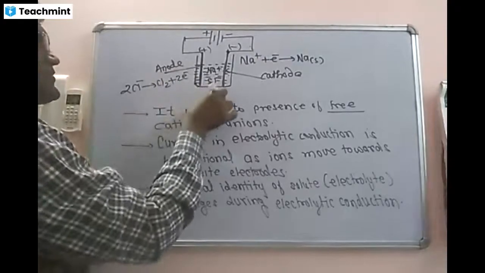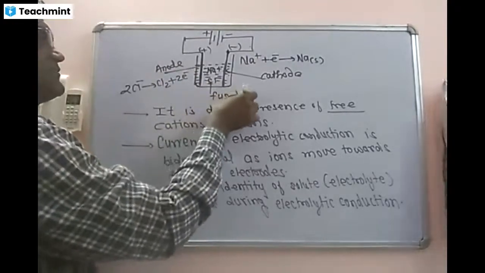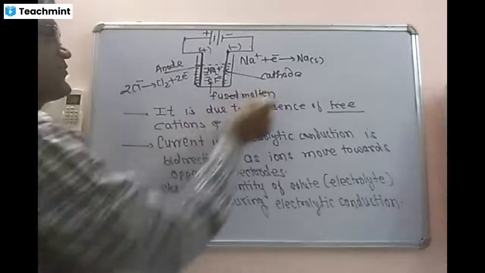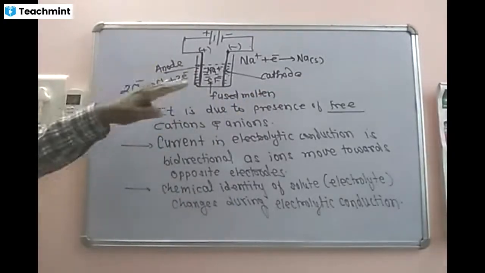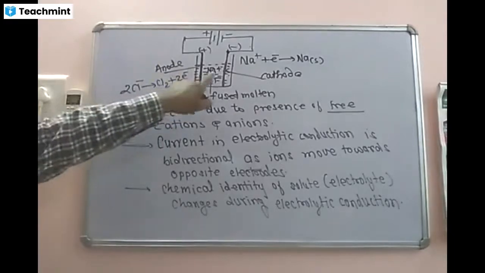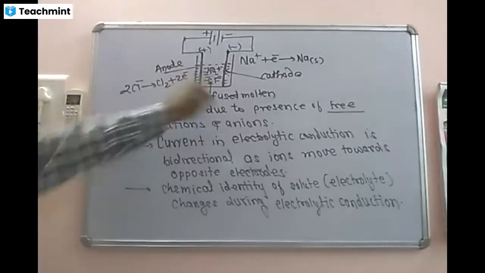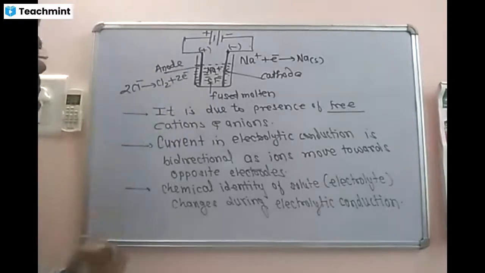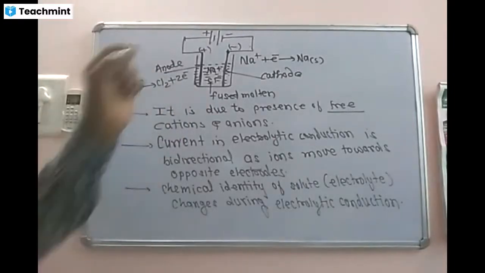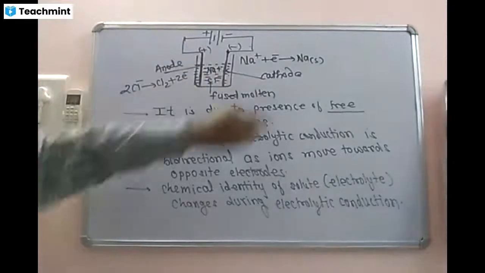So suppose this is a fused or molten NaCl, then it contains Na positive and Cl negative ions. These ions move towards opposite electrode, and due to migration of these ions towards opposite electrode, you will get conduction of electricity through that. So at cathode, what happened?